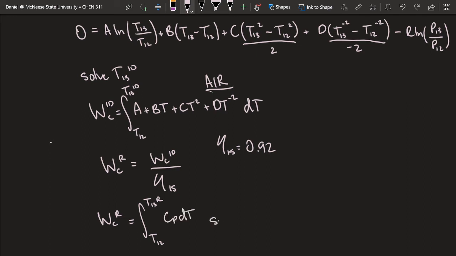So then you solve for T13 real. You do the same thing on the turbine, just the other way around, where the work of the turbine real equals the isentropic efficiency times the work of the turbine ideal. And this is all in bar. I'm not writing bar, but you'll get that.